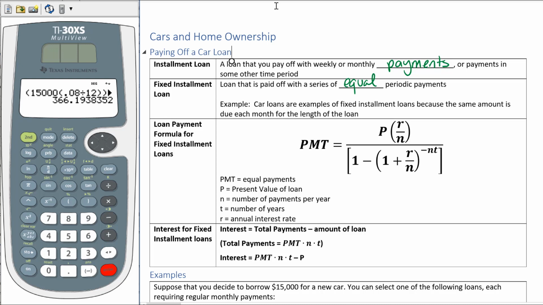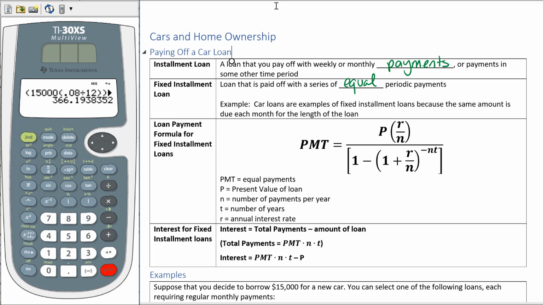The interest for fixed installment loans is a little bit different. It's kind of similar to the other one. For annuities, we took the amount of the annuity minus what we paid to get the interest. This time, because what we're going to pay ends up being more than the value of the loan, since the interest is working against us, that goes first.